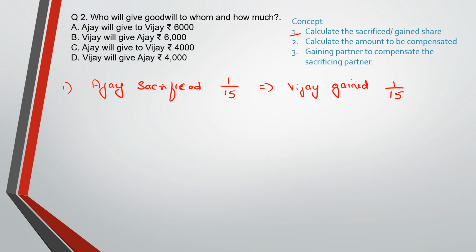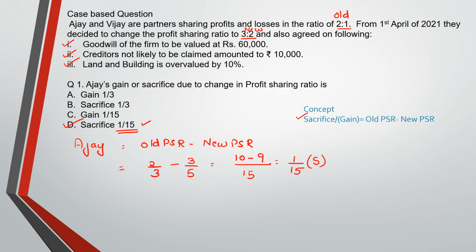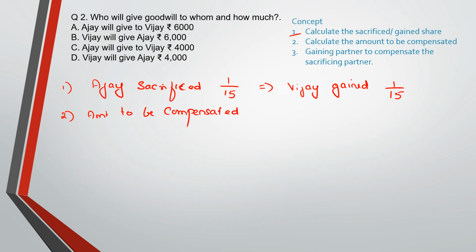Now, beyond that, we have to calculate the amount to be compensated. How do we calculate it? We have to see what is the amount of goodwill. If you look at the question, they have said goodwill of the firm is valued at 60,000. So that is the value of goodwill of the firm.